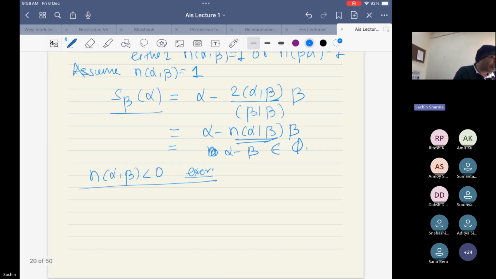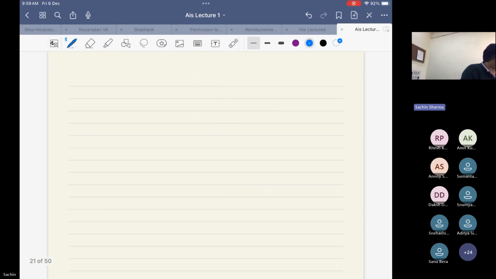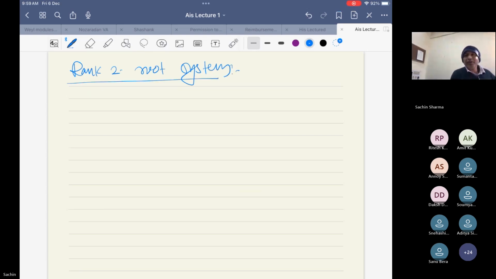So let us continue our journey. Now, concentrate. We'll worry about the rank 2 root system. Let me start with my first root alpha 1 equal to (1, 0).